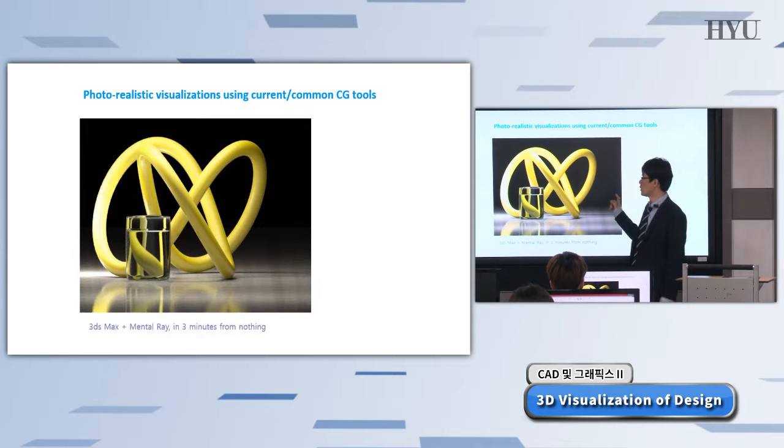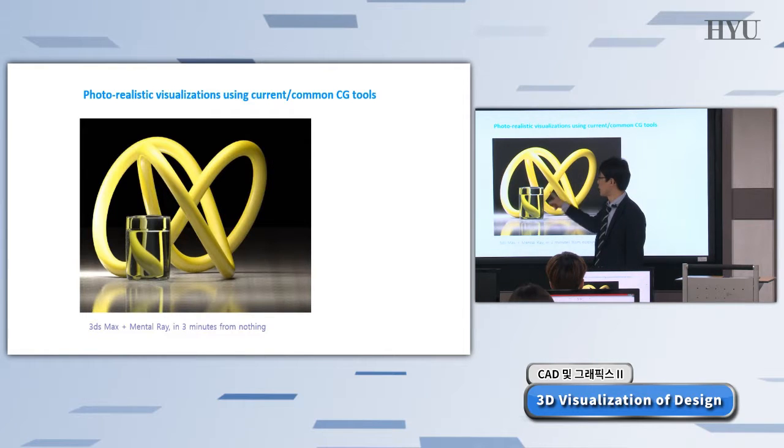How about this? Today we're gonna make something like this, okay? There is one single plane, another object, a torus knot, and a cylinder cup-like object. That's it. Then mental ray, lighting, and rendering. This one can be generated in 3 minutes from nothing by using 3D Max, okay?